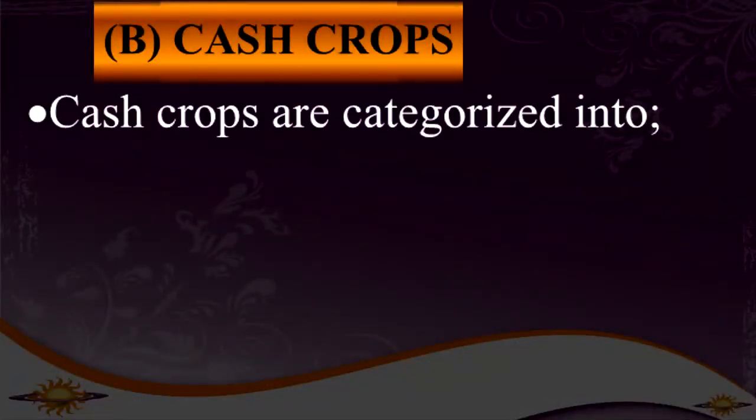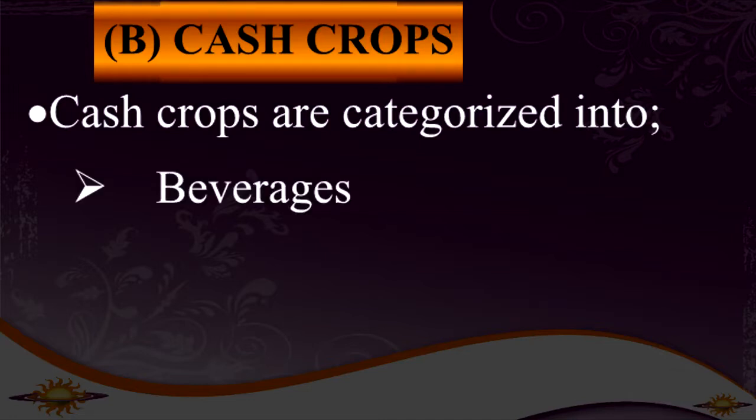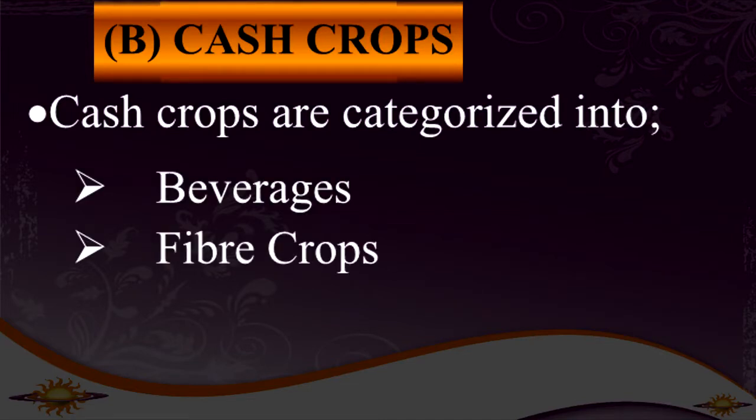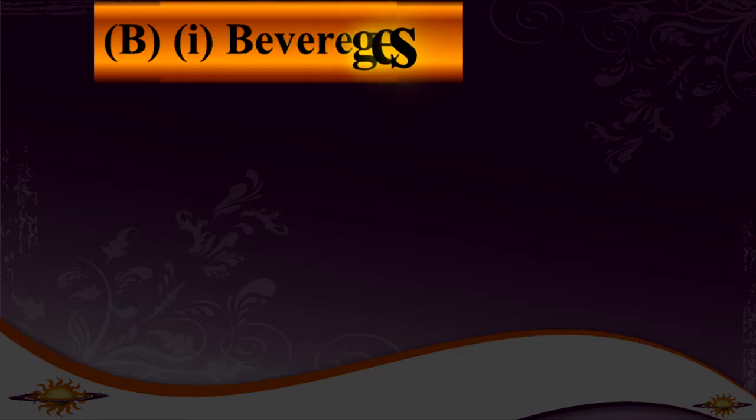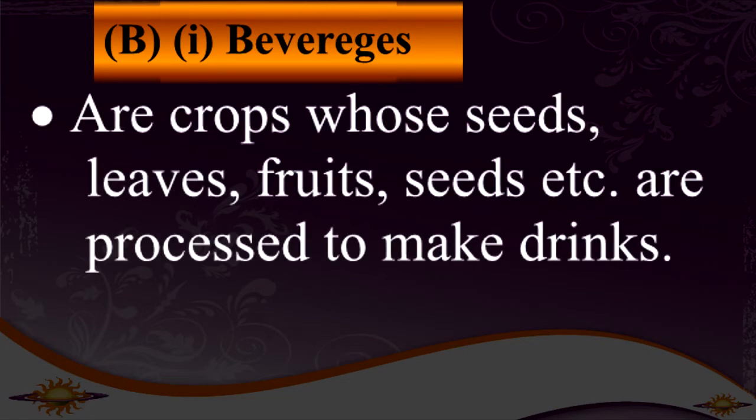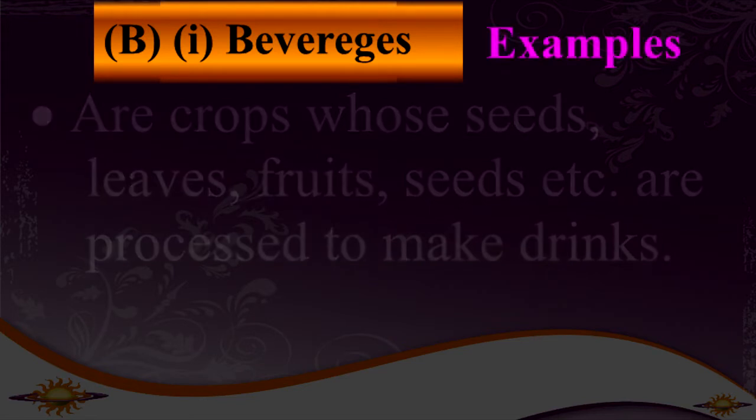Cash crops are categorized into beverages, fiber crops, and oil crops. We look at the beverage crops. These are crops whose seeds, leaves, fruits, etc. are processed to make drinks.